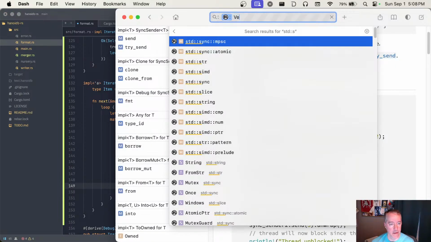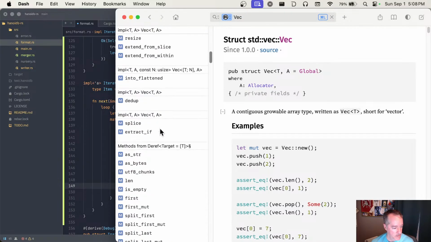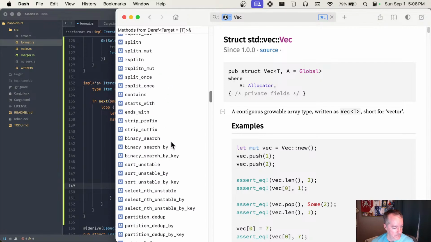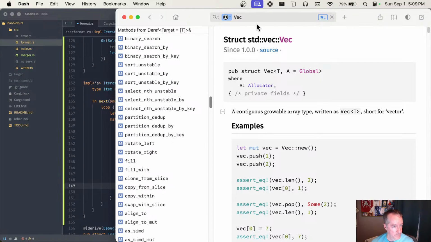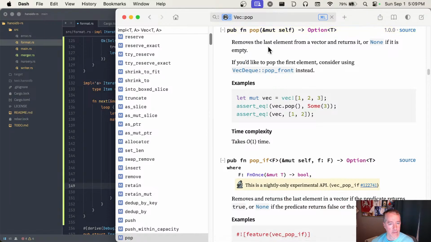And I need to see Vec pop. Right, so it returns the last element from the vector, or none if it is empty.